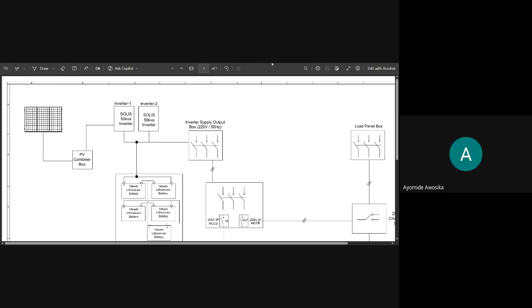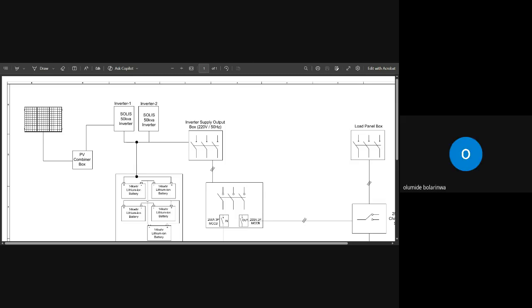Sir, inverter. I said inverter is a battery storage source. It's used for storage of electricity.